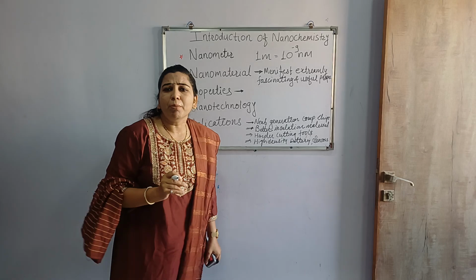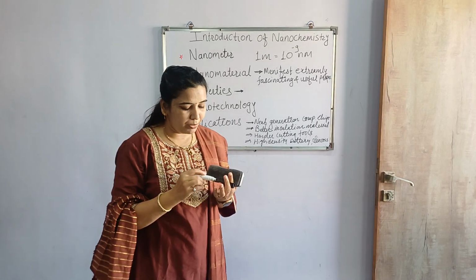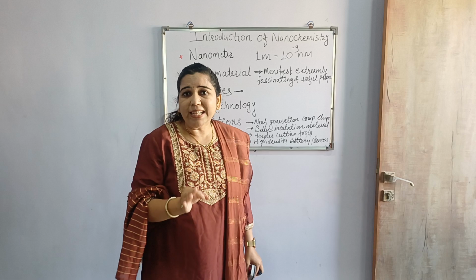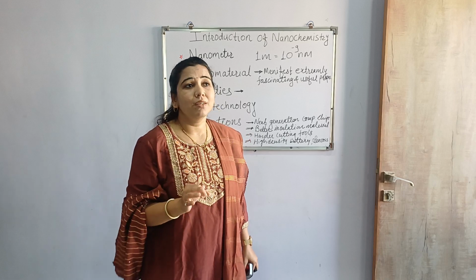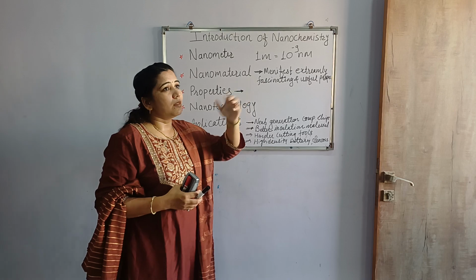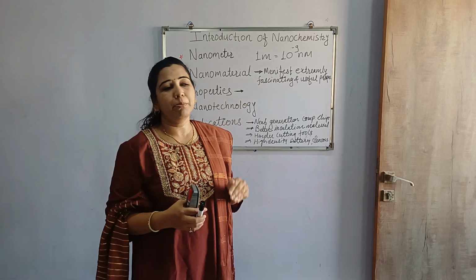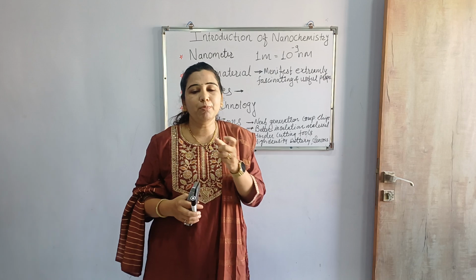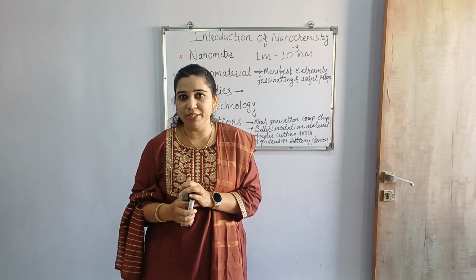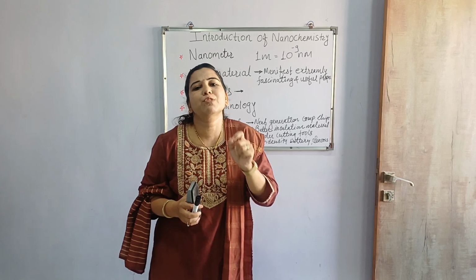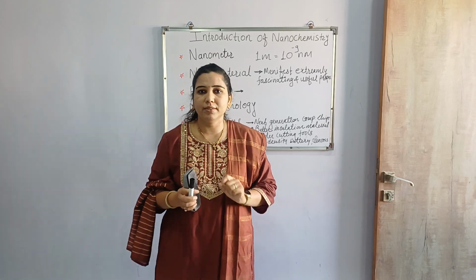So we can give a number of examples of this nanometer. We can imagine 1 into 10 raised to minus 9 meter. It cannot be seen by our naked eye, because our capacity to see is only up to 10,000 nanometers, and the nanoscale which we consider is just from 1 to 100 nanometers.